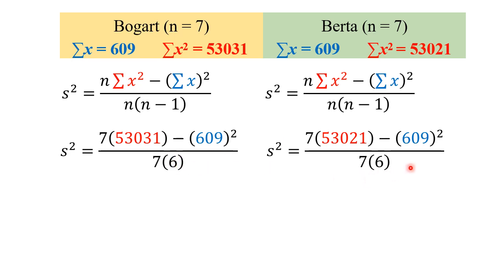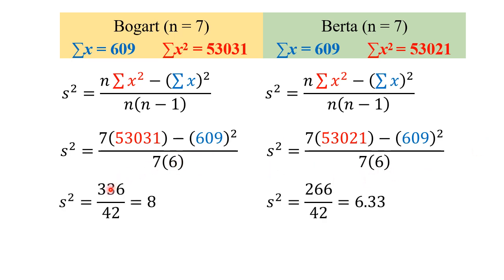So if you simplify both of these, then what we have is the variance. We notice, class, that the variance of the grades of Bogart is greater compared to Berta. So 8 is greater than 6.33. This gives us an idea, class, that the grades of Berta are closer to one another compared to Bogart's, because according to the definition of the measures of dispersion, it is how far or how near or how close the individual scores are from one another.